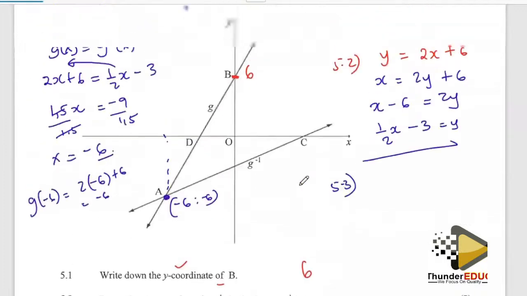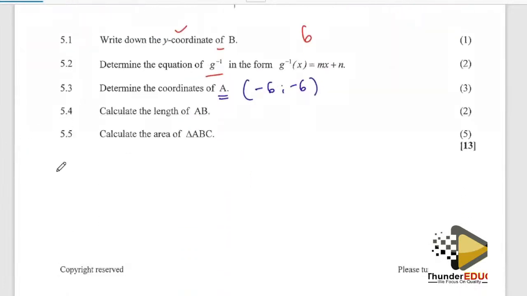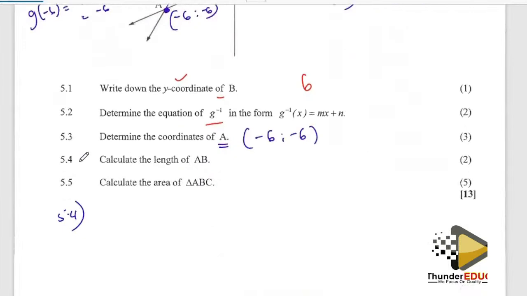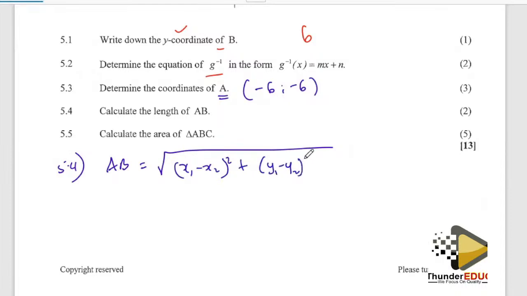Then 5.4, they want the length AB. So we have the coordinates here 0 and 6, and then this is negative 6 and negative 6. We can use our distance formula. So I'll say AB is the square root of x1 minus x2 squared, plus y1 minus y2 squared.